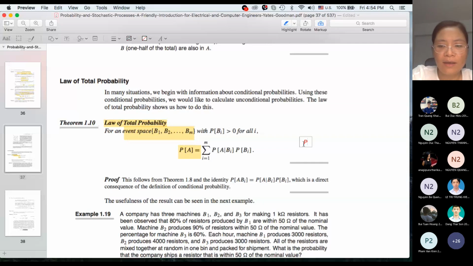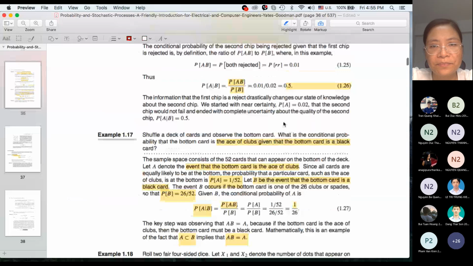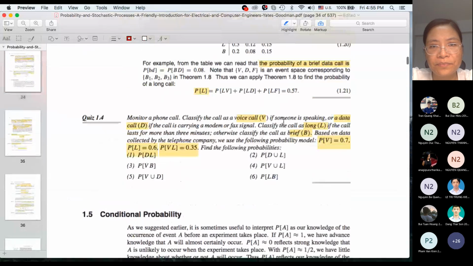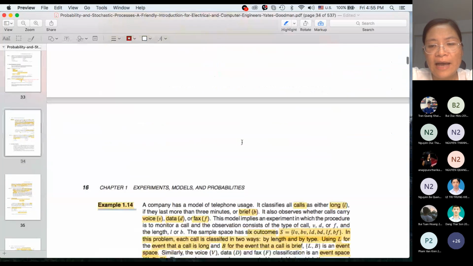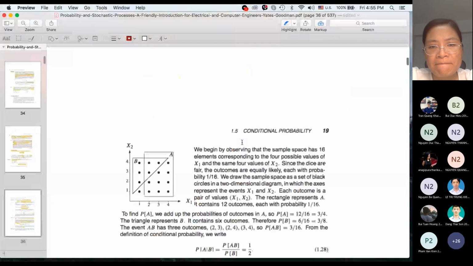Following the previous theorem, for i from 1 to m, it equals the probability of A and Bi. Here is theorem 1.8: probability of A is the sum of probability of A and Bi, for i from 1 to m.